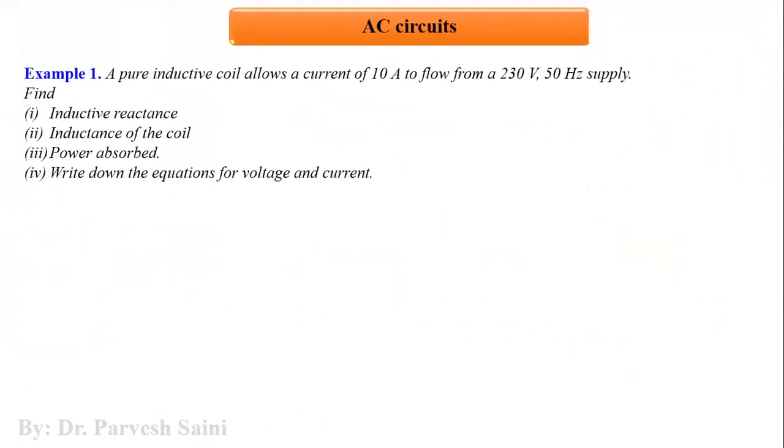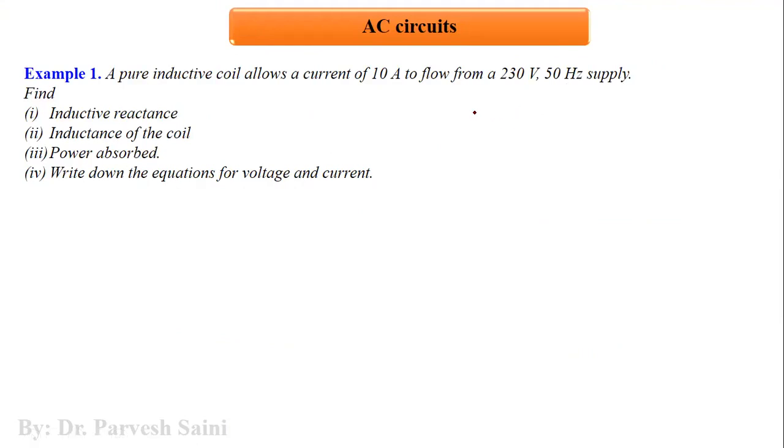To start with, the first numerical states that there is a pure inductive coil with a current of 10 ampere flowing through it, and the voltage source to which this coil is connected is 230 volt and 50 hertz.